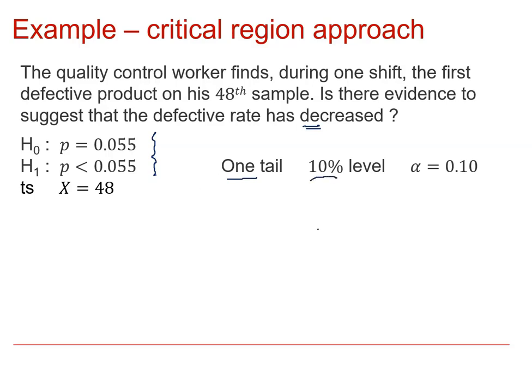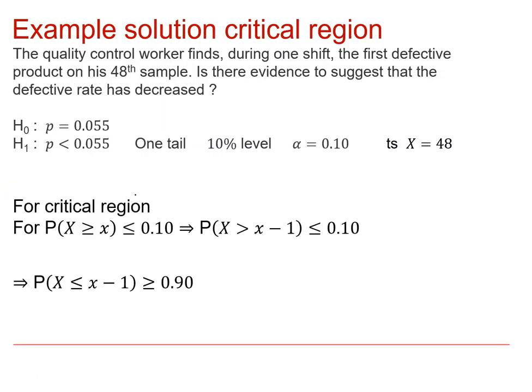Our significance level was 10%. And the test statistic, the event that we were basing our calculations on, was the fact that the first effective product happened on the 48th sample. So we have here the summary of the beginning of this procedure.